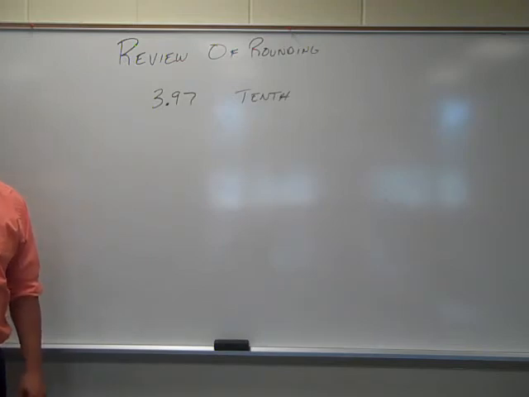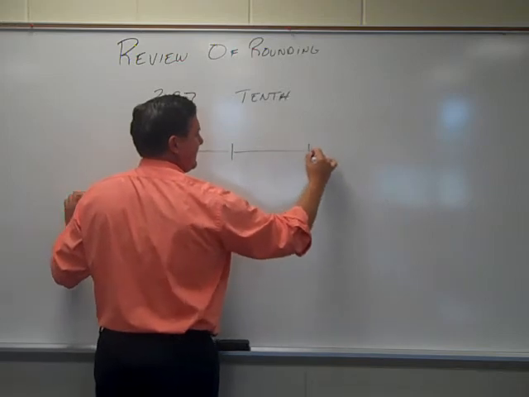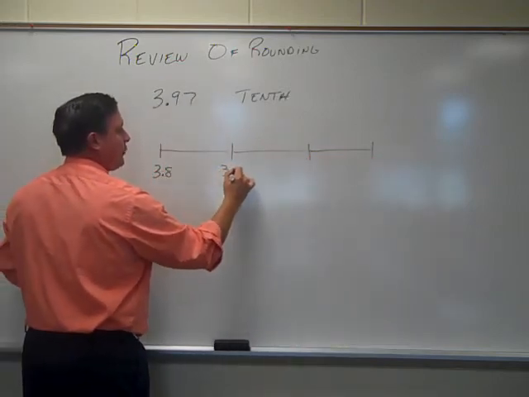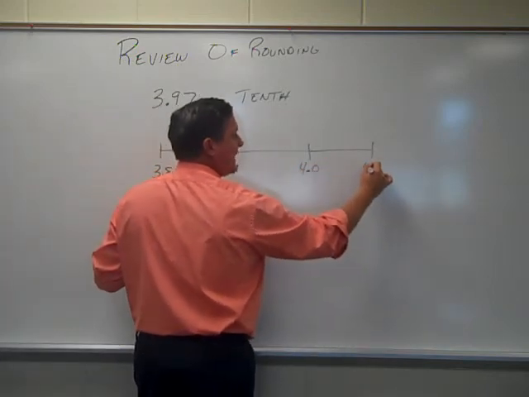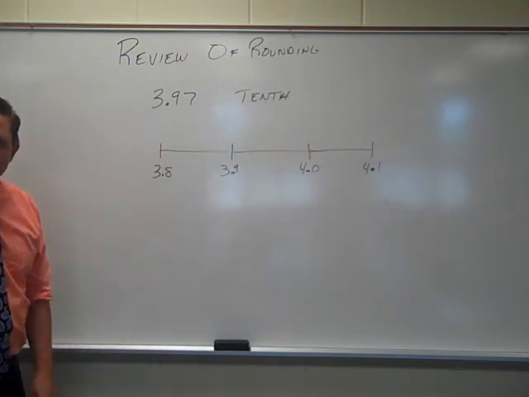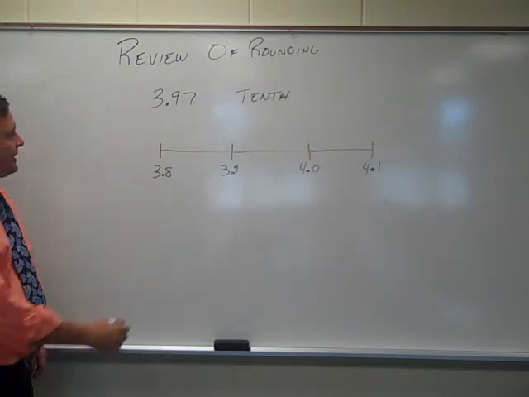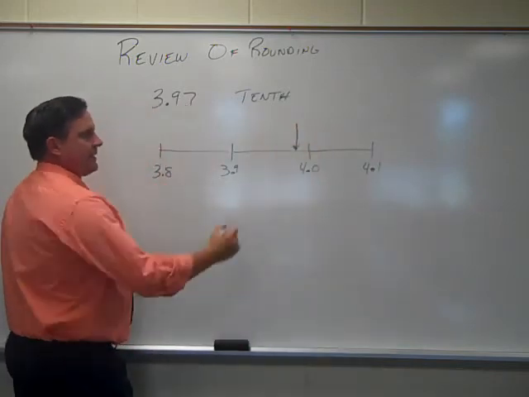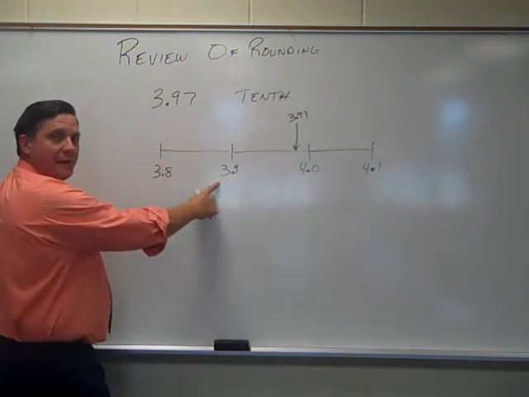3.97. All right. And again, if we're going to go by tenths, 3.8, 3.9, 4.0, 4.1. That is counting by tenths. All right? Those are the number line. If we put 3.97 here, it is obviously closer to 4.0 than it is 3.9.